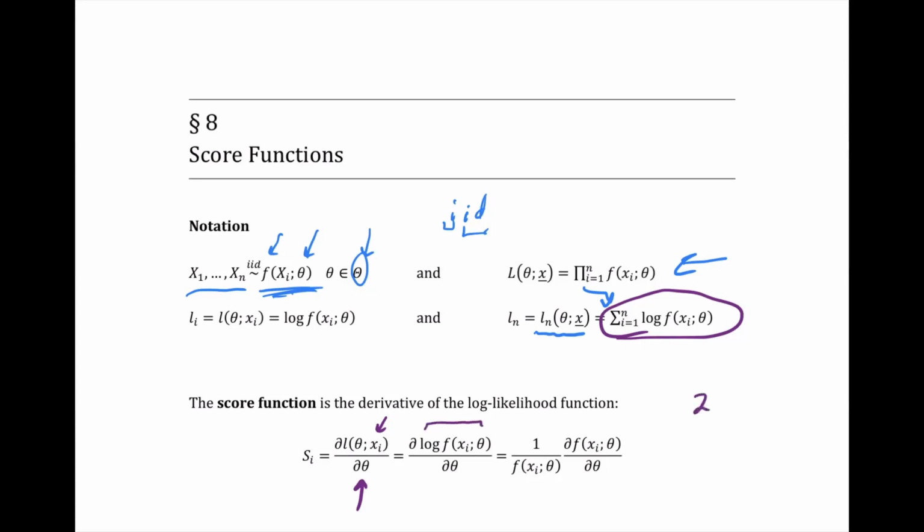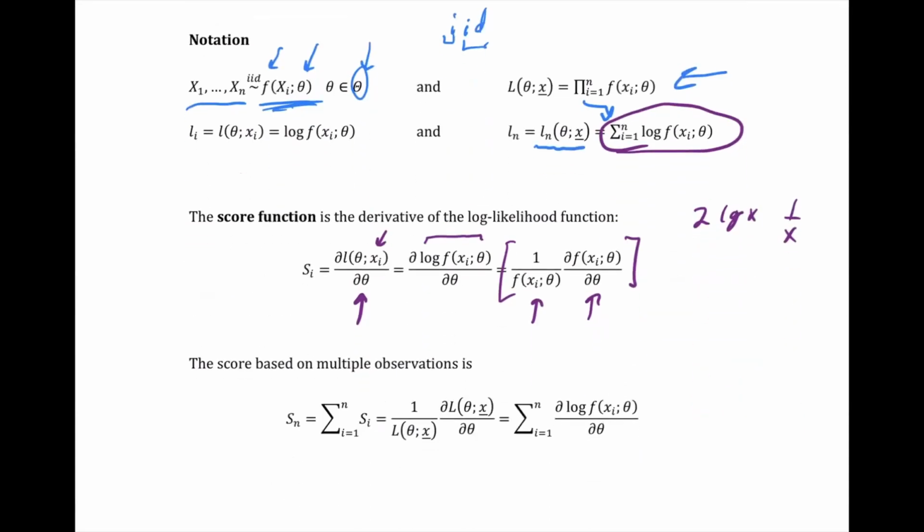And the derivative of the log of x is, of course, 1 over x. And if x is a function, here you have your 1 over x part, and then you have to follow the chain rule to get this next piece. So this is going to be an important form that we see later on. Now, for multiple observations, because I'm taking the derivative of the sum, I'll just get the sum of the derivatives.